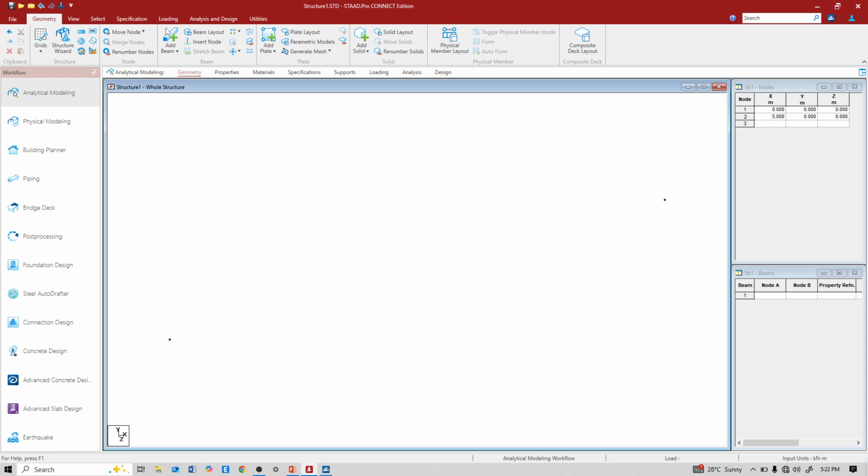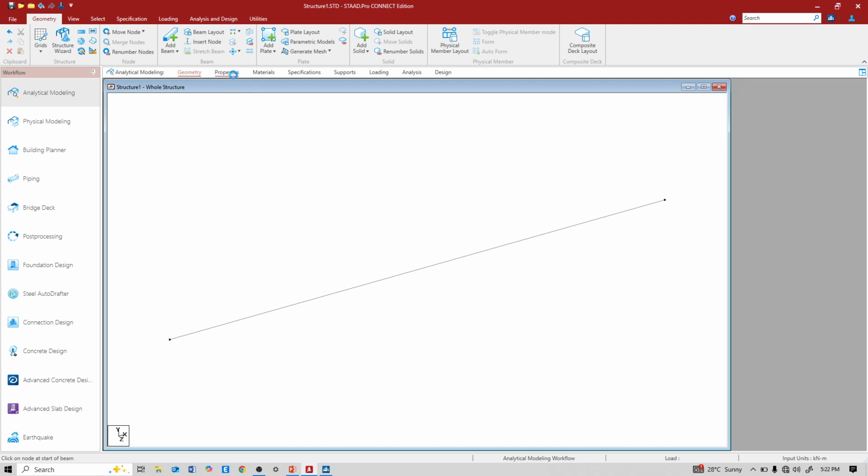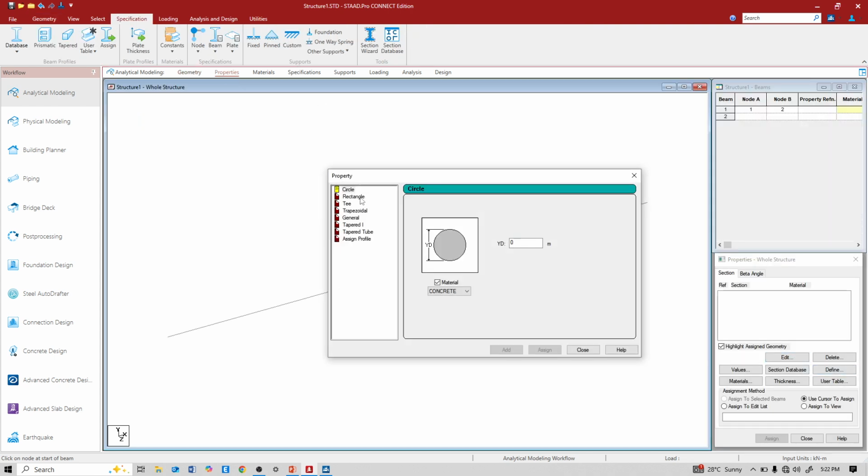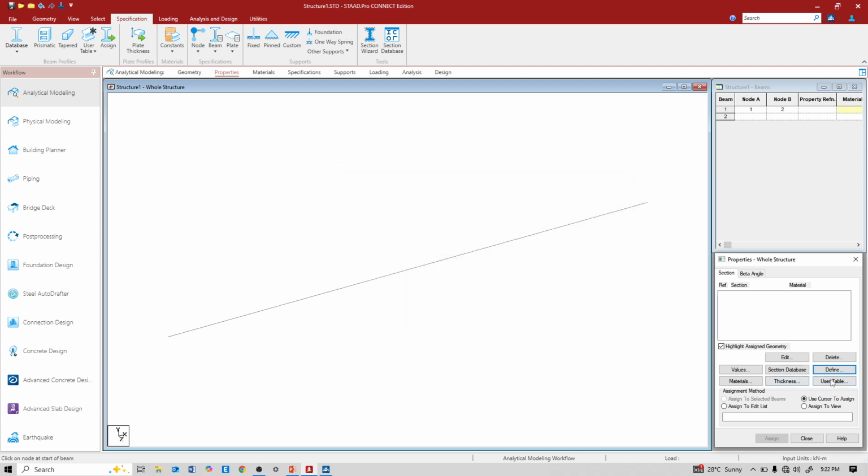Create model by using node or mesh. Add beam, add. Give some properties for errorless calculation. We are interested in solving shear force and bending moment for live load only. Add, close.